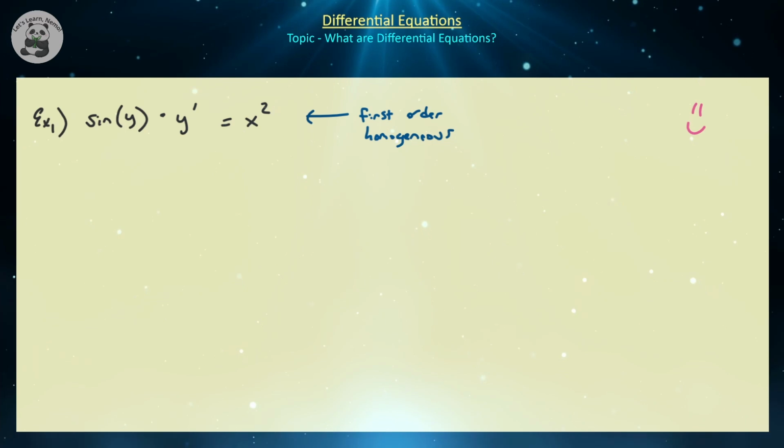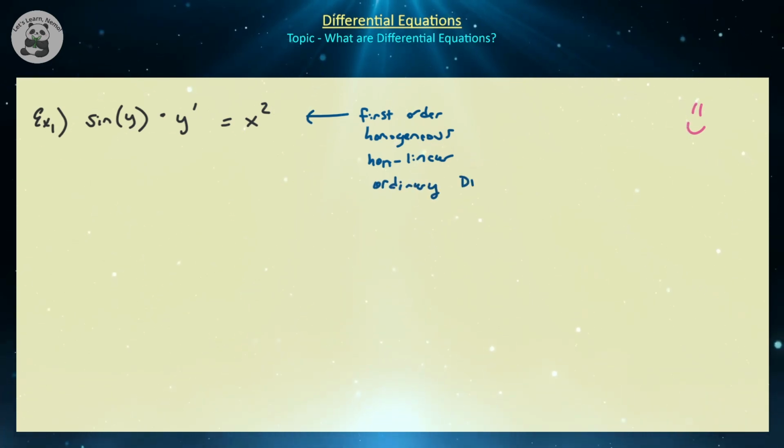Let's see, is it linear or not? It's obviously nonlinear. So it's a first order nonlinear because we have that sin(y) term, and that's a nonlinear term. So we have a first order nonlinear ordinary differential equation. I'm not going to test the other classifications, but those are the basic ones that you should always start looking at.